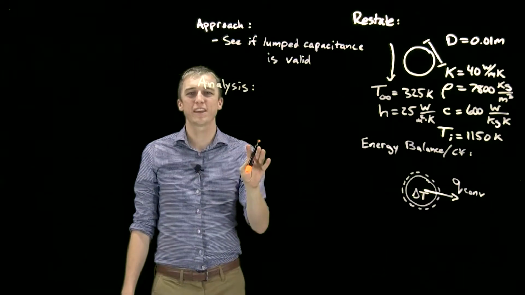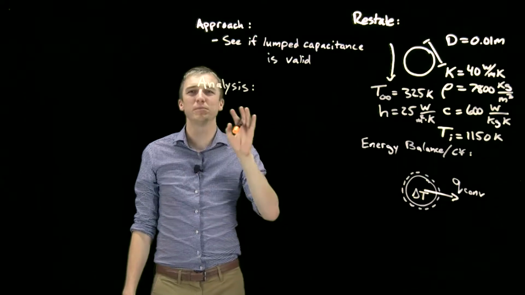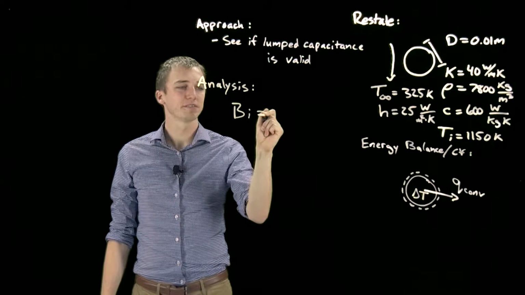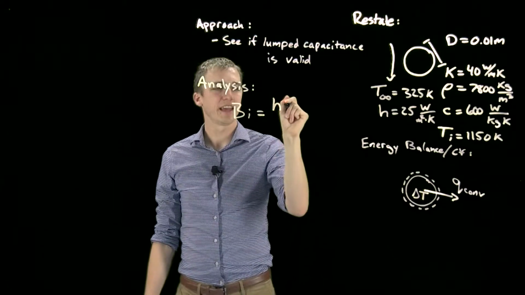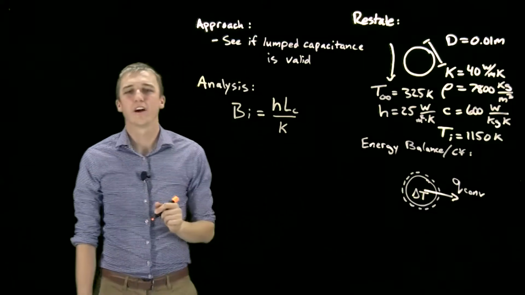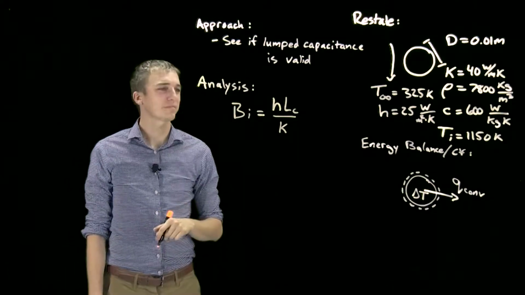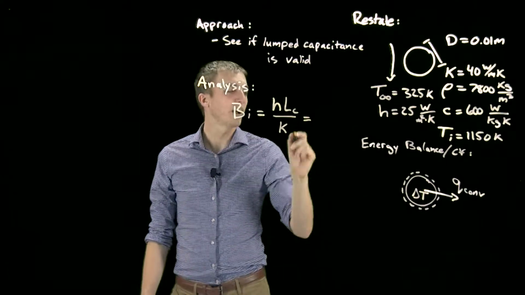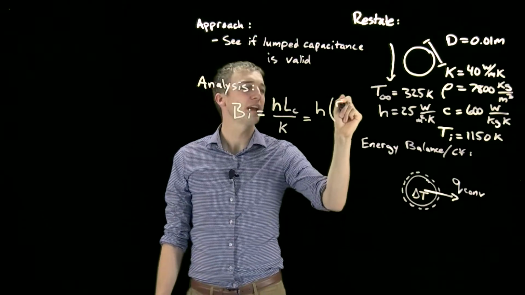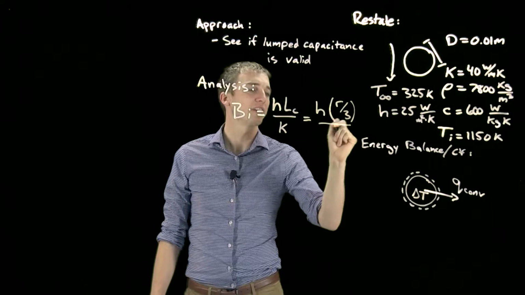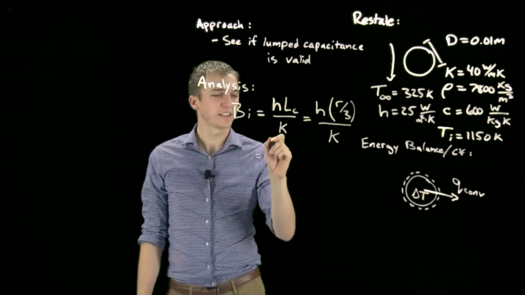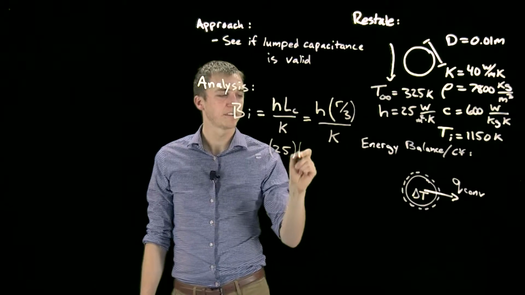Before you do anything with a transient problem, always check the Biot number, which is h times the characteristic length divided by our thermal conductivity. Now for a sphere, our characteristic length is going to be the radius divided by 3. So plugging in numbers, for h we have 25.